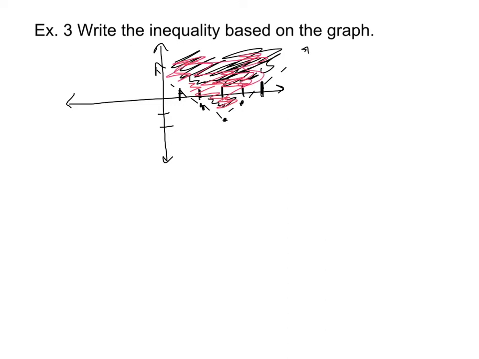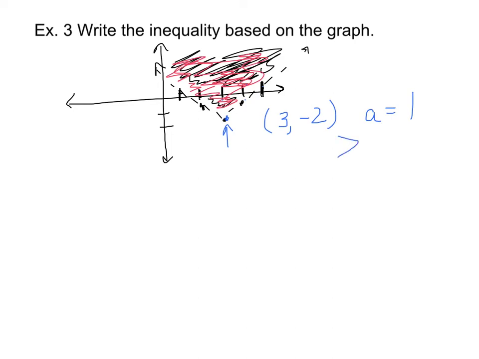Okay, first thing you want to do is figure out your vertex. And here's my vertex, which is h and k, which is 3, -2. Then you want to see what your slope is. Up 1 over 1, up 1 over 1. So that means a would be 1. And then you see it's a dashed line, and it's shaded greater.